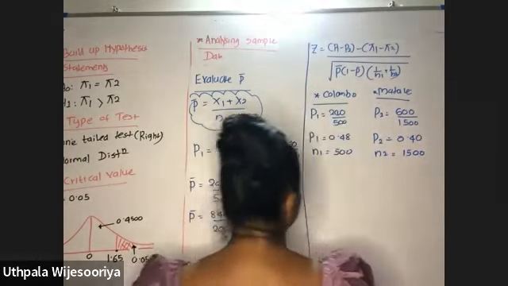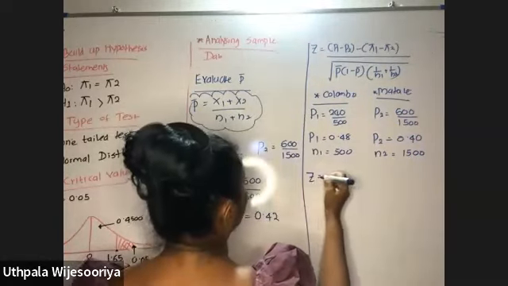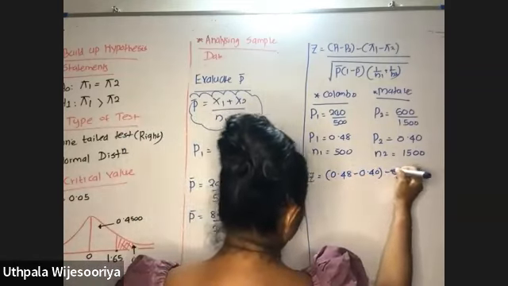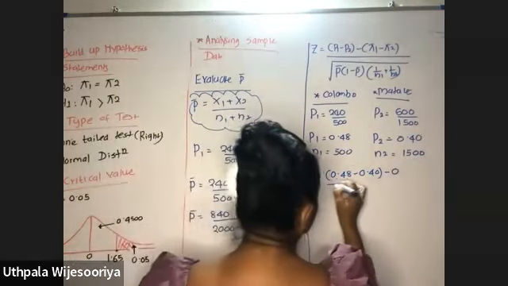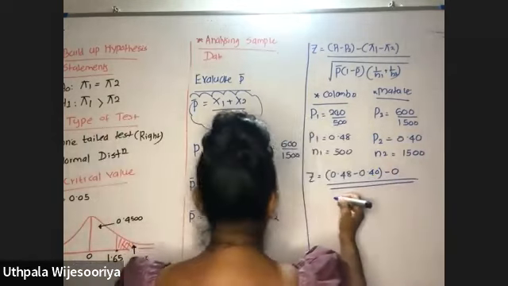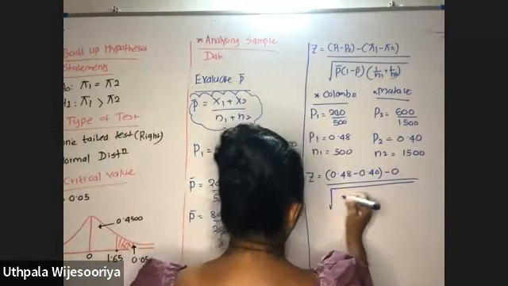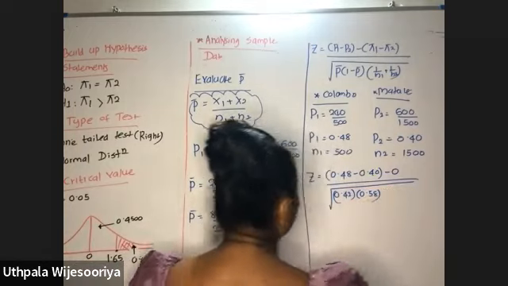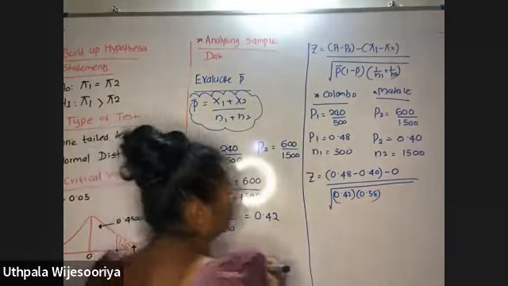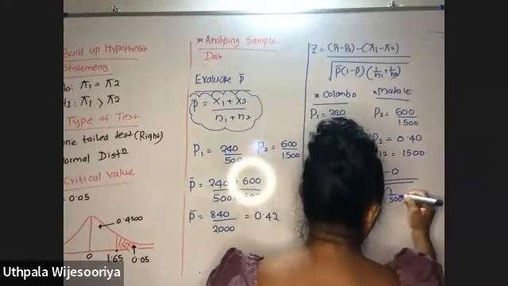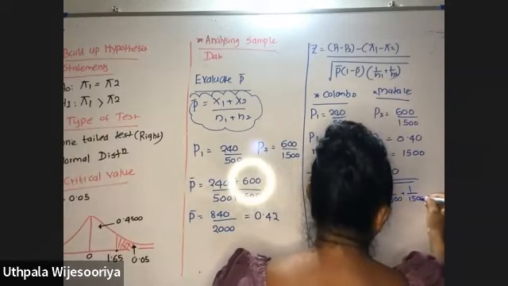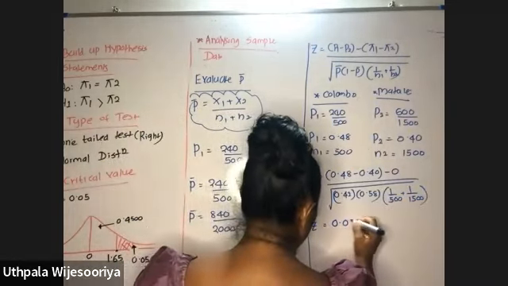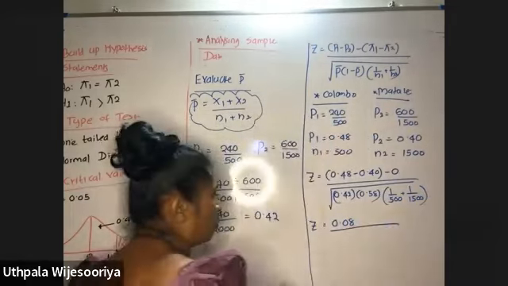N2 is 1,500. Z is equal to 0.48 minus 0.40, which is 0.08, over the square root of 0.42 into 0.58, into 1 over N1, 1 over 500, plus 1 over 1,500.